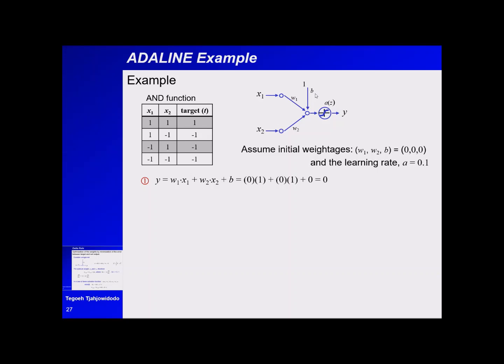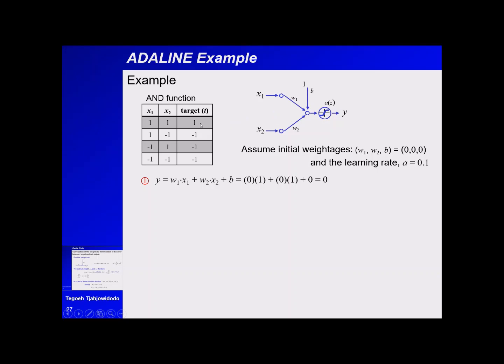So I have three parameters, W1, W2, and B. For the time being, I still don't know the optimal weightage of this network to capture this AND logic function. So at the beginning, I will just grab it from the air. For simplicity, I will assign 0, 0, 0 for W1, W2, and B respectively.